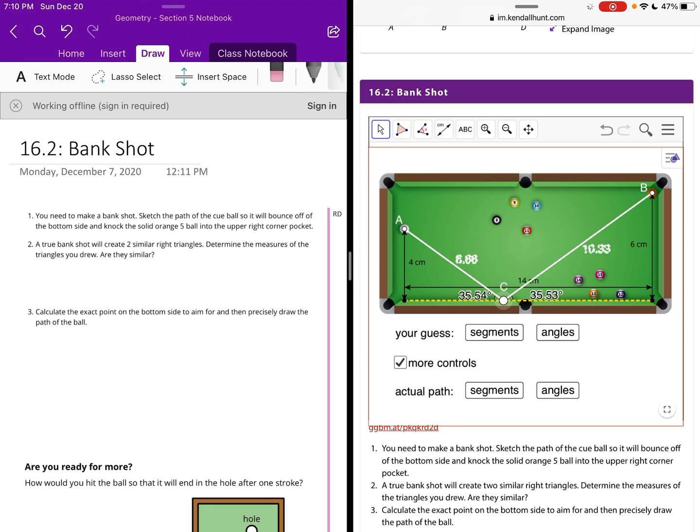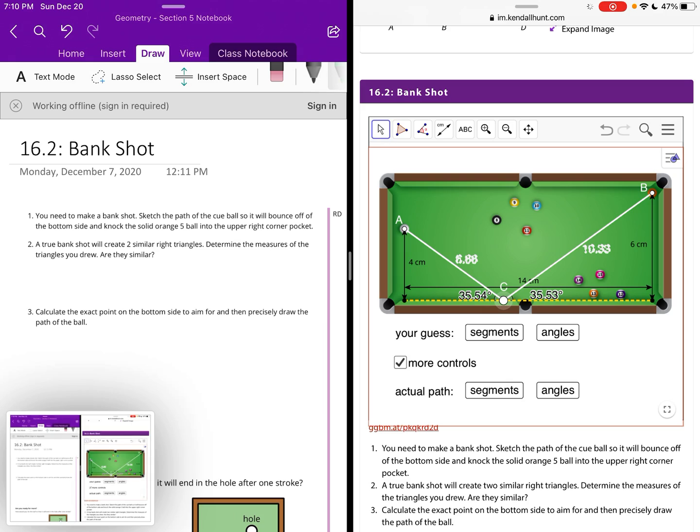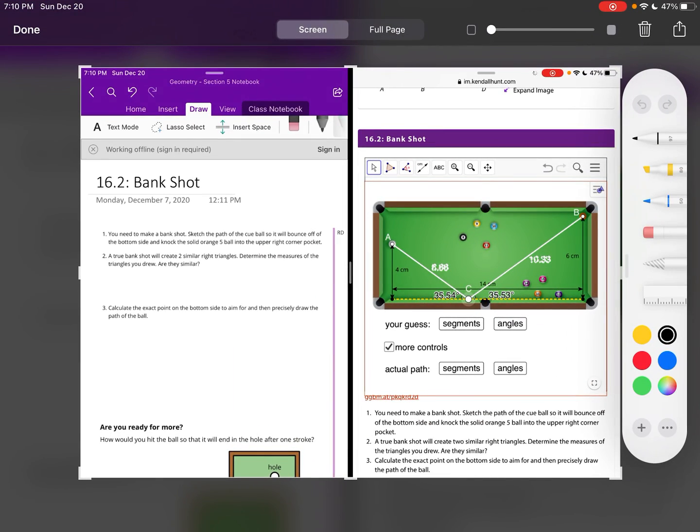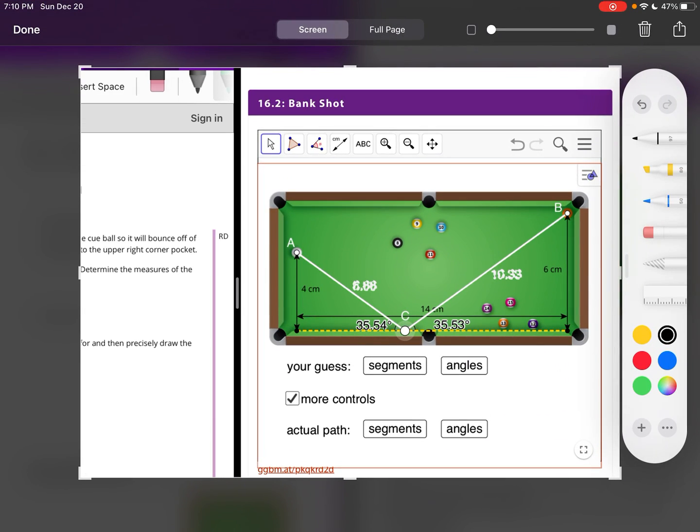Okay, so look at those two triangles. Actually it might be better to take a screenshot because then we can just write right on that picture. So if we look at these angles, we know that these two are congruent, right?